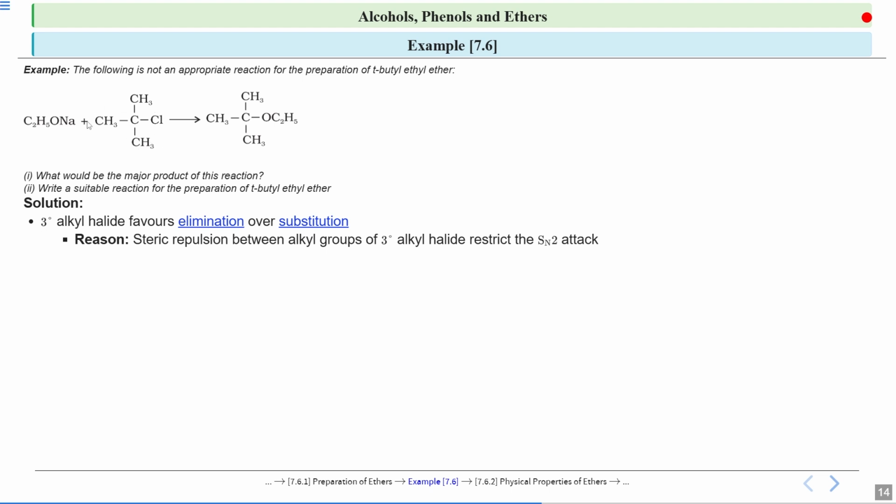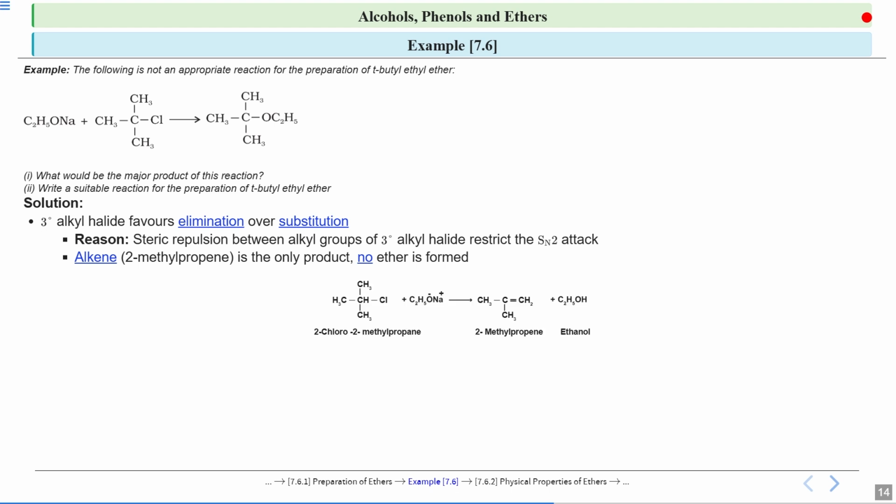Because of the steric repulsion between the alkyl groups of the 3-degree alkyl halide, it restricts the SN2 attack. So alkene will be formed and no ether. Your alkene will be the major product in this reaction.